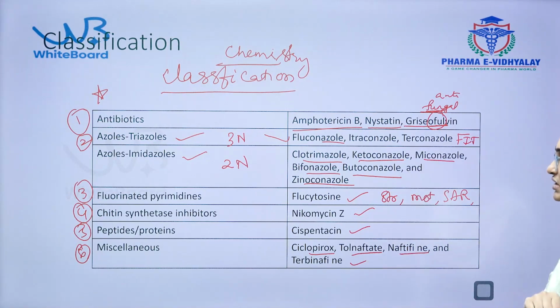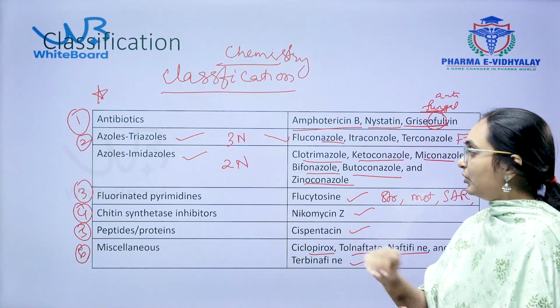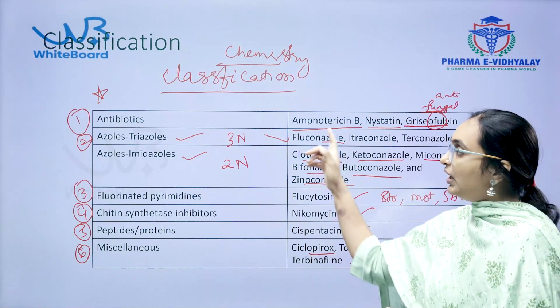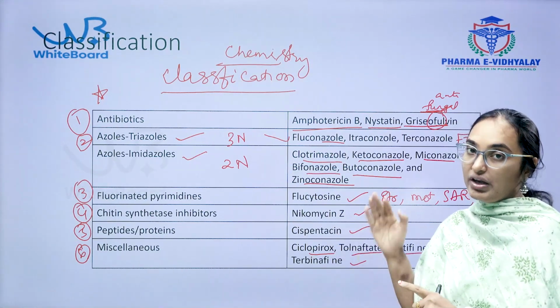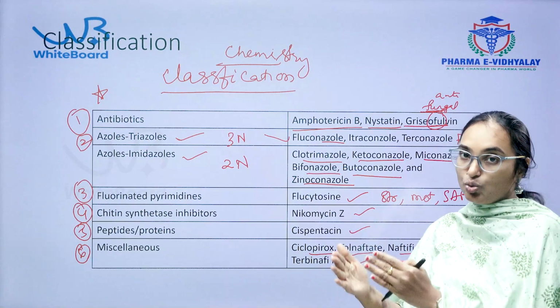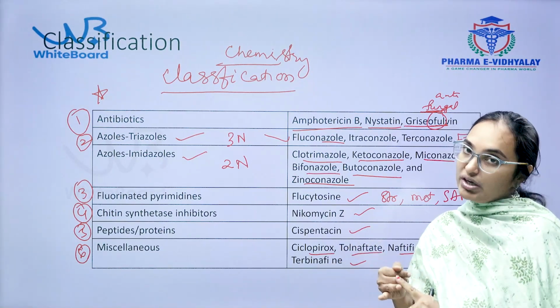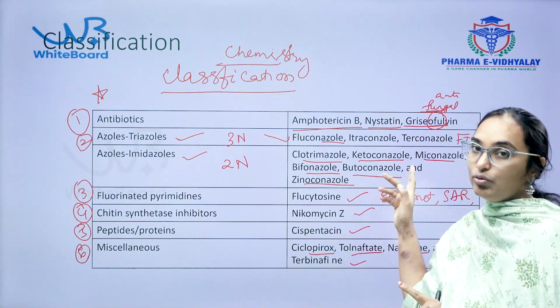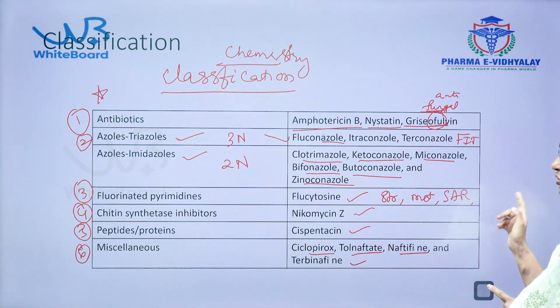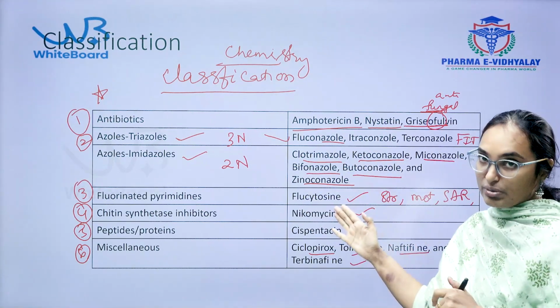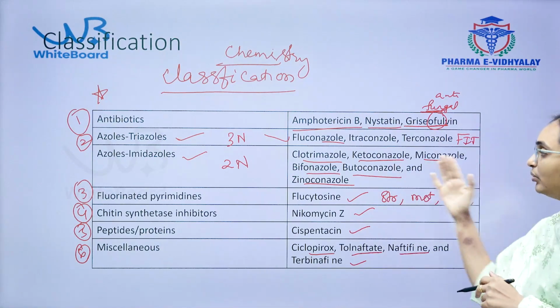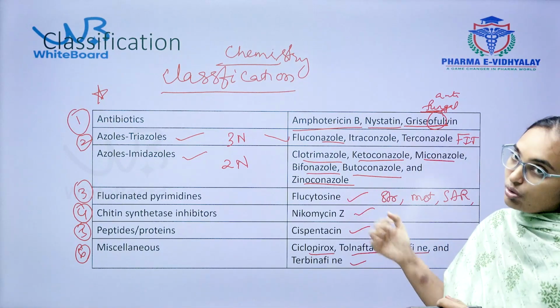I will explain again, just have a brief look here. Antibiotics are amphotericin B, nystatin and griseofulvin. Next is azoles. Azoles are of two types, triazoles and imidazoles. Triazoles are fluconazole, itraconazole and terconazole, and the rest of the azoles are imidazoles like clotrimazole, ketoconazole, miconazole, bifonazole, butoconazole and xenoconazole.